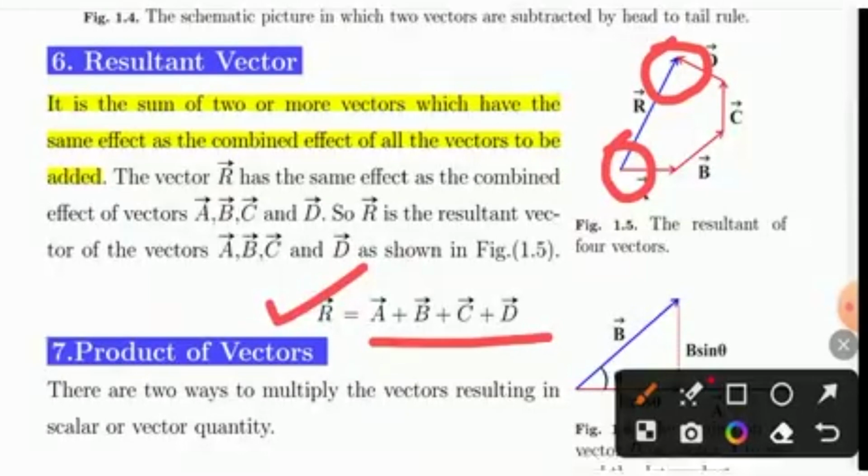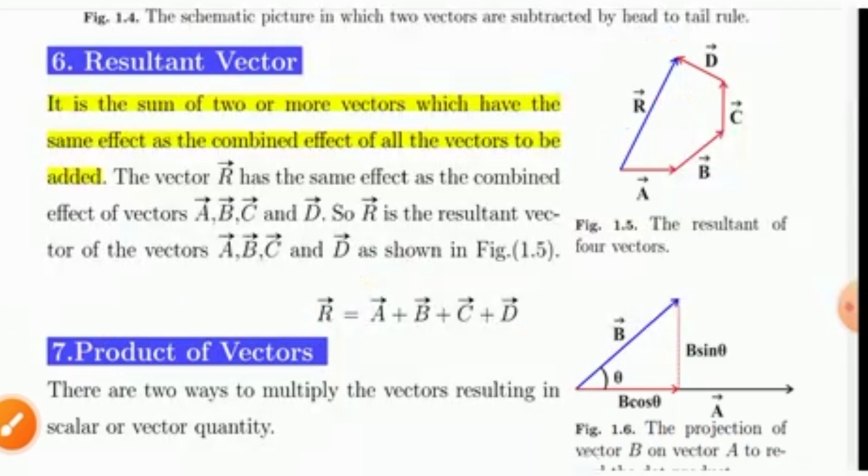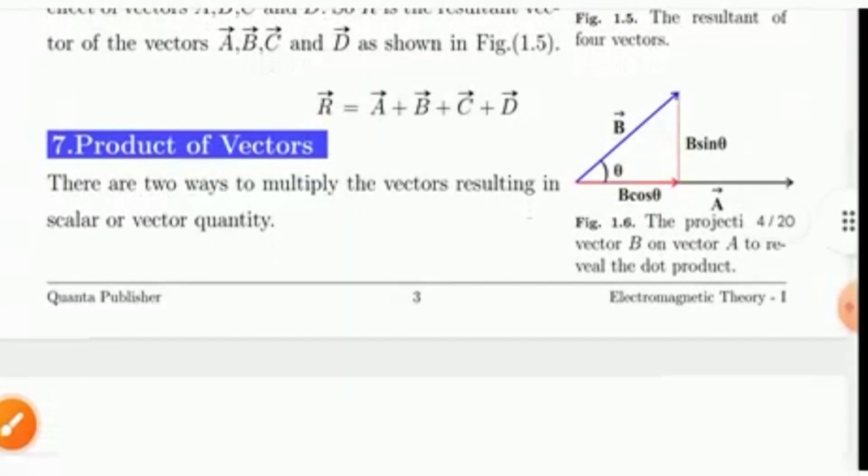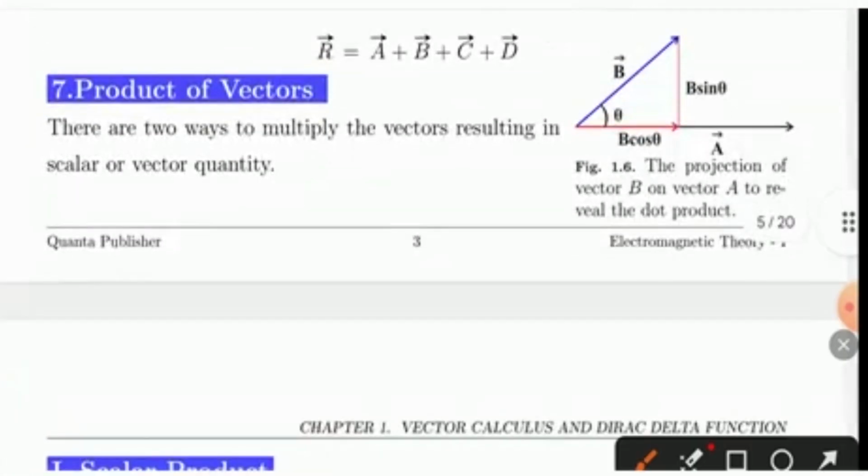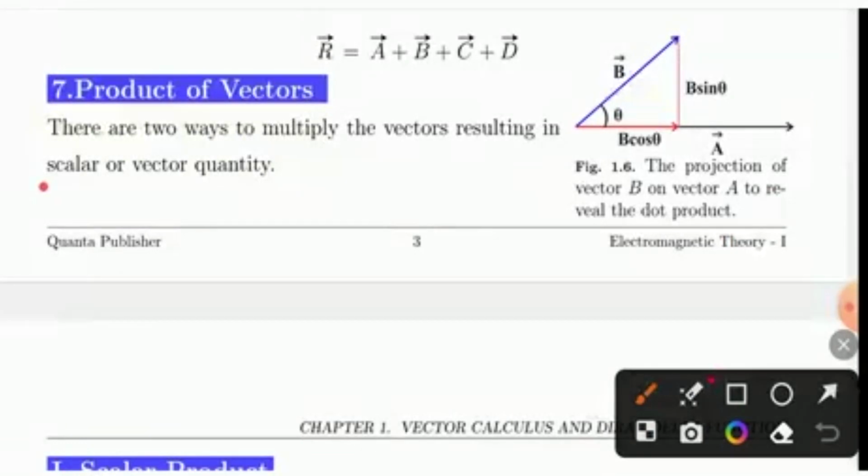Now come to the topic of the product of vectors. Can we multiply vectors with each other? Yes. There are two methods of multiplying vectors. One product is known as the scalar product and the other is known as the vector product.